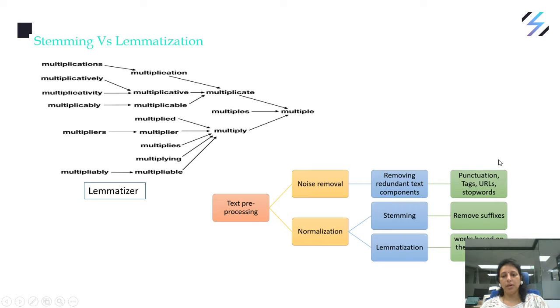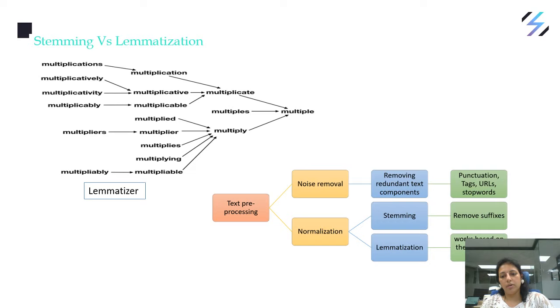There are several methods to do that. Not all of them will be applicable for every program, but we need to make a choice. So here we have removal of punctuation, tags, URLs, and stop words, which are words like pronouns, prepositions, and words which repeatedly occur like are, in.